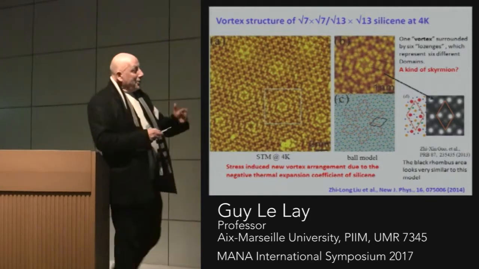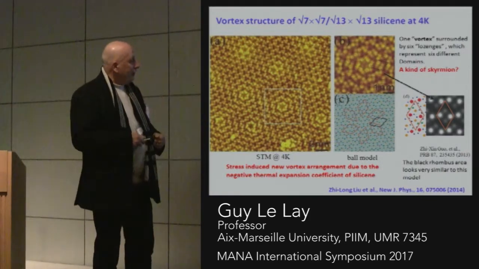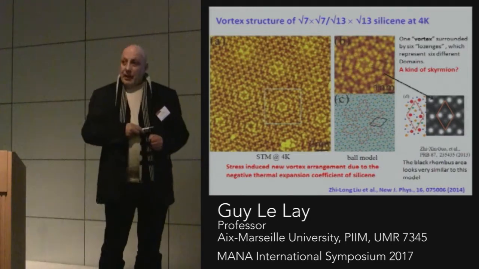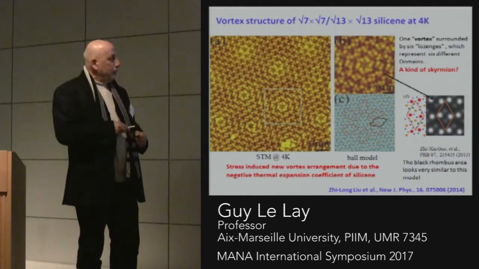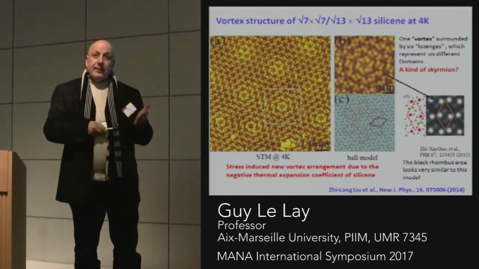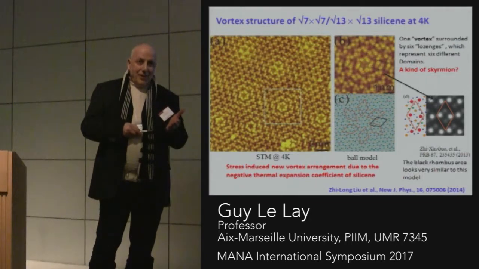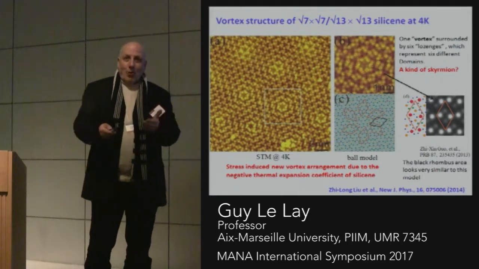Very interestingly, if you cool down, this is at helium temperature, you find this very weird vortex-like structure, which I believe is due to the fact that silicene has a negative thermal expansion coefficient, while silver has a normal one.